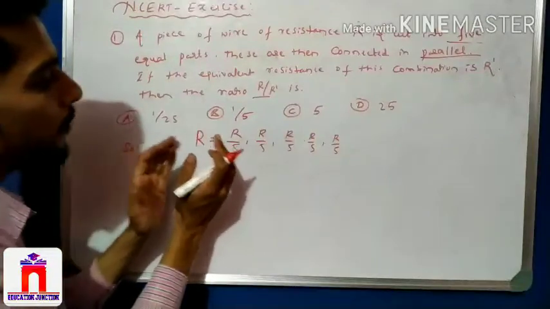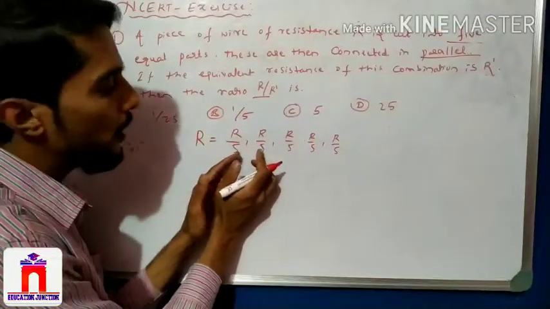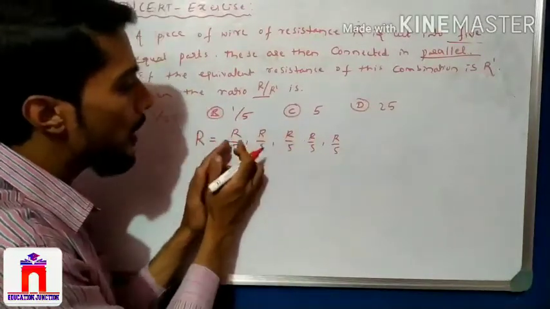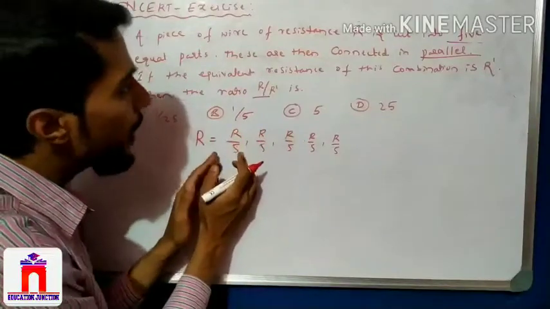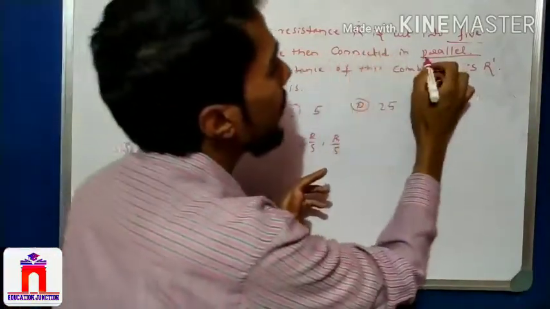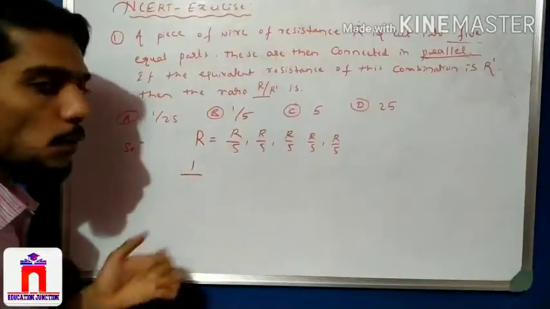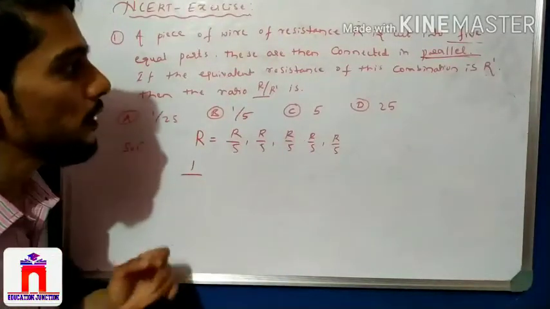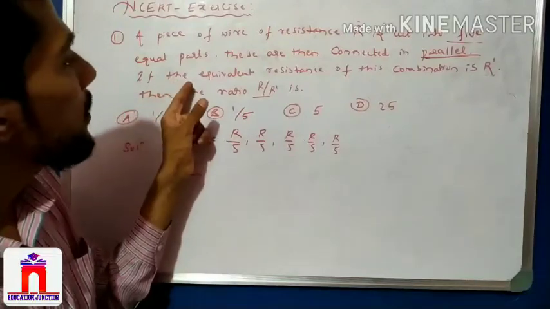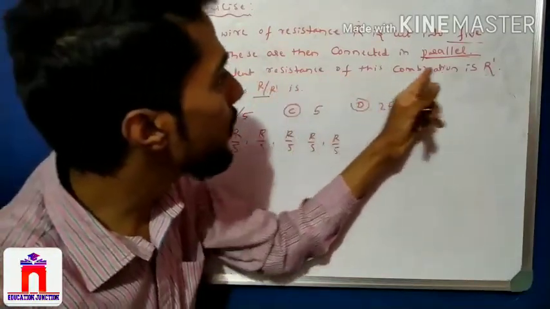After getting the 5 equal parts, each part is R by 5, and these parts are then connected in parallel. We know the formula for parallel: 1 by R1 plus 1 by R2. The equivalent resistance of this combination is R dash.